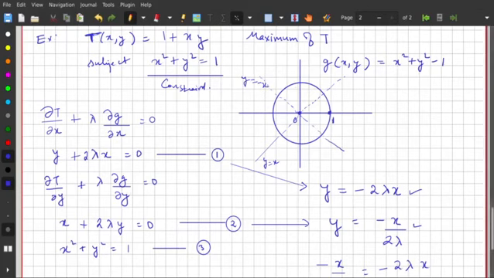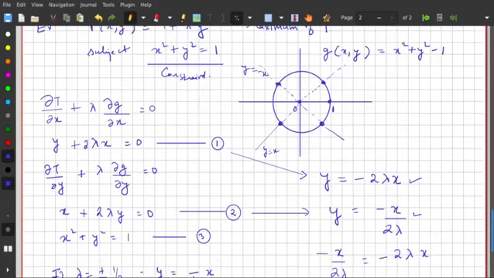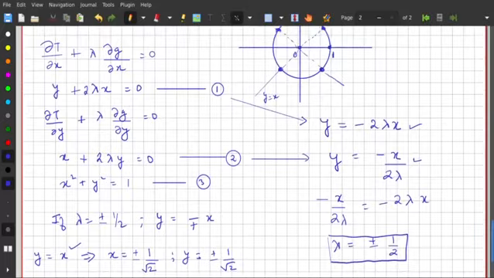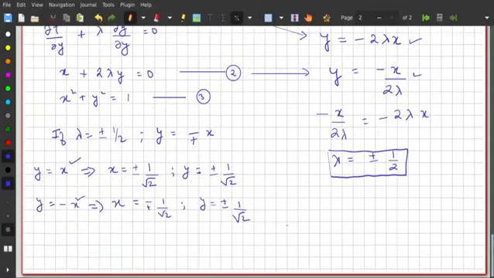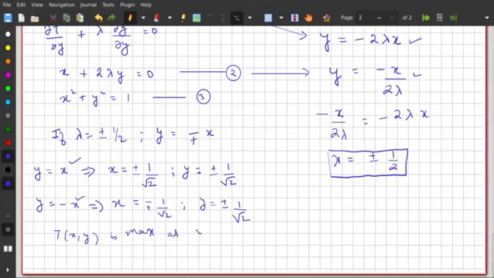Okay, so these are the critical points that we found, plus or minus 1 over root 2 in both x and y. Now if we substitute the values of x and y, we will find that t of x, y is maximum at y equals x equals plus or minus 1 over root 2, and the value of t max is 3/2.